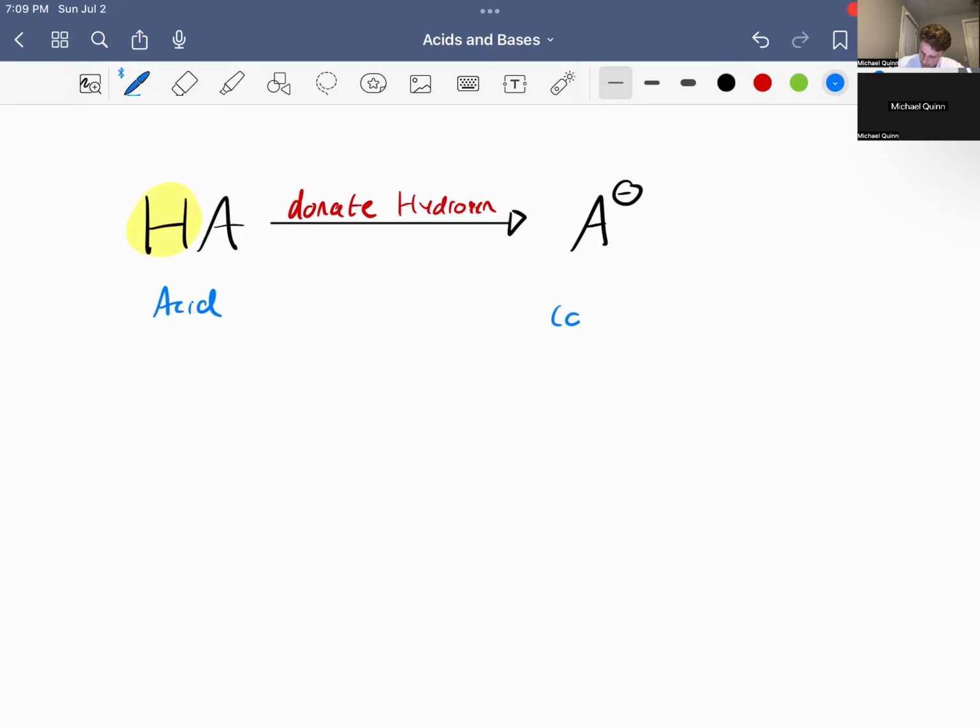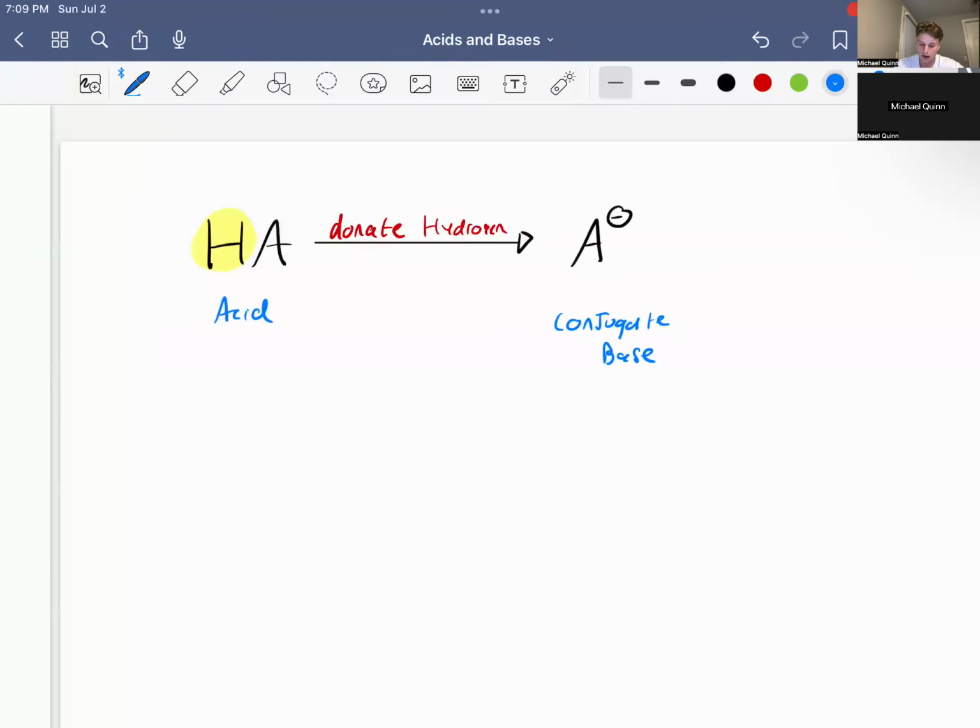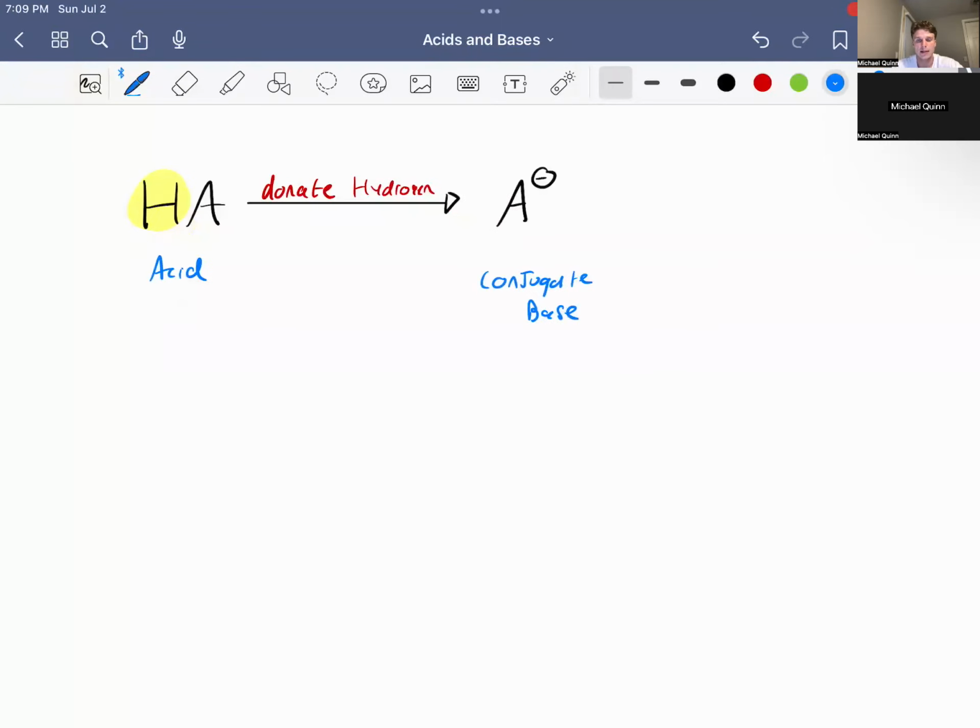This is called the conjugate base. Basically, a conjugate base is what's left over after you donate the hydrogen from the acid. So an acid has a hydrogen to give, it gives away that hydrogen to a base. What's left over is the conjugate base.